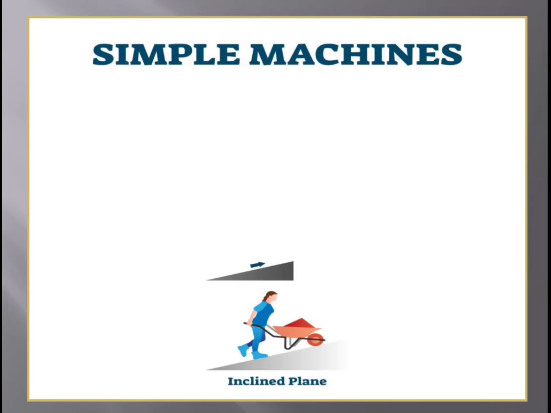The help that an inclined plane gives us is that it reduces the effort to move heavy objects, especially when they have to be moved to a height. So it makes us put in less effort.